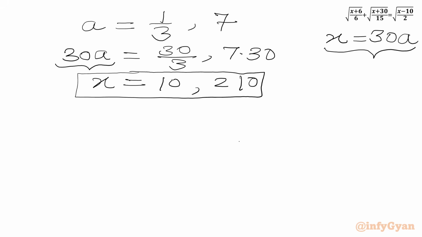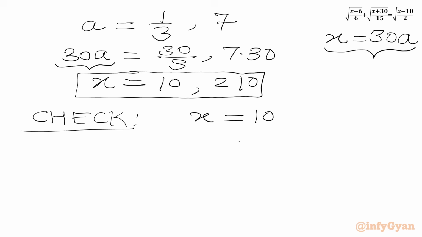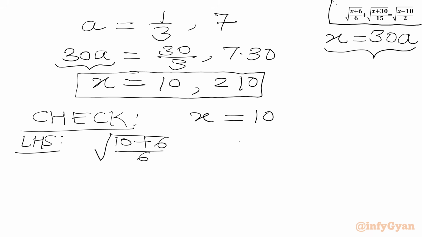Now we will check for extraneous solutions here. So I will be writing check. Let's begin with x equal to 10. The equation is written here. I will write LHS after plugging in x equal to 10: square root of x plus 6 over 6, so 10 plus 6 over 6, plus the square root of x plus 30 over 15, so 10 plus 30 over 15.